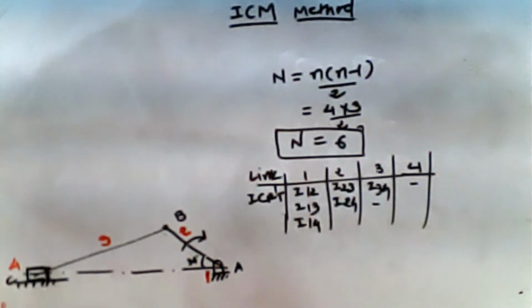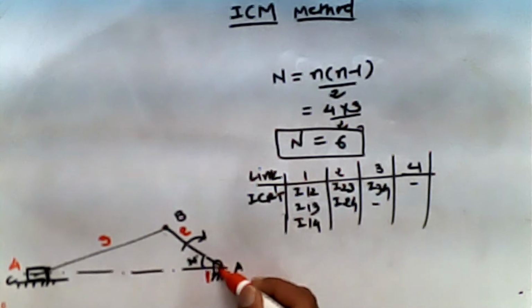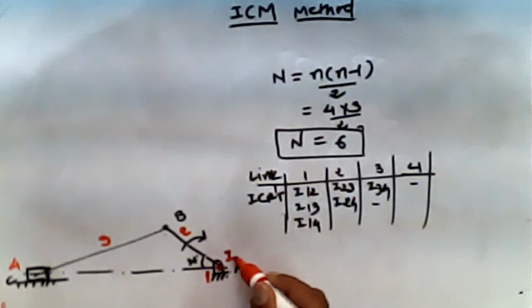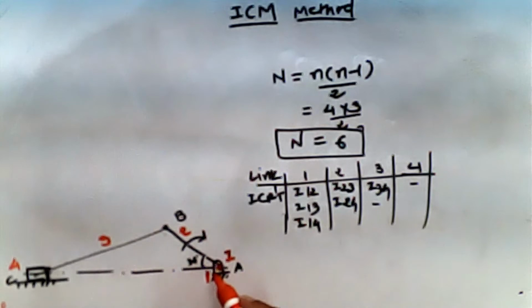Now some of the instantaneous centers you can directly write by inspection, simply by looking at the mechanism. If you have an idea how your link is rotating, you can write some of the instantaneous centers. So here we know that this is the pin point of link number 2. Your link number 2 will always rotate with respect to this fixed instantaneous center. So I'll write it as I12. Correct.